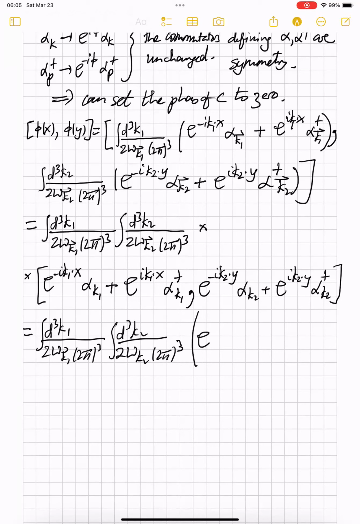So we've got an e to the minus I k1 dot x minus I k2 dot y, and then a commutator between alpha k1, alpha k2.